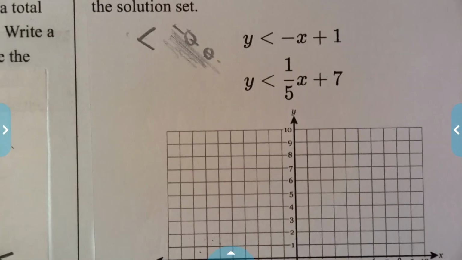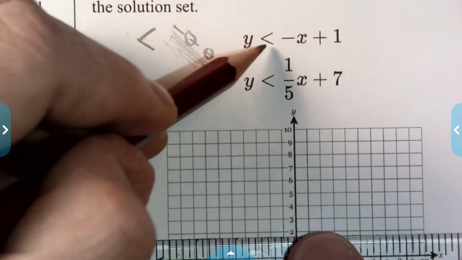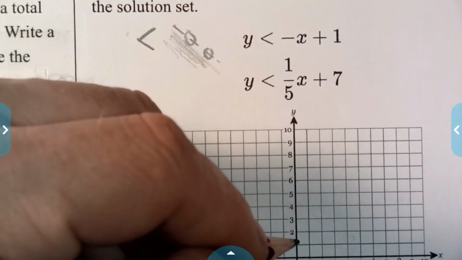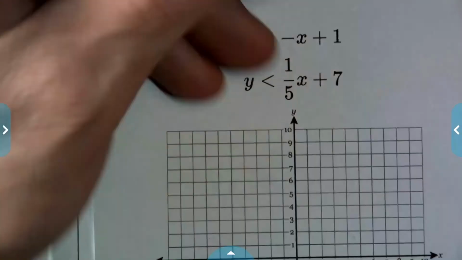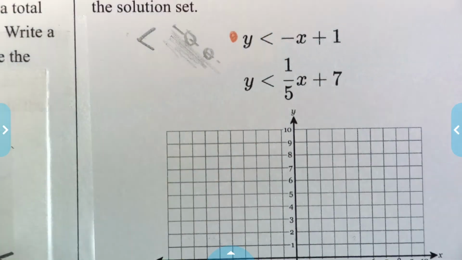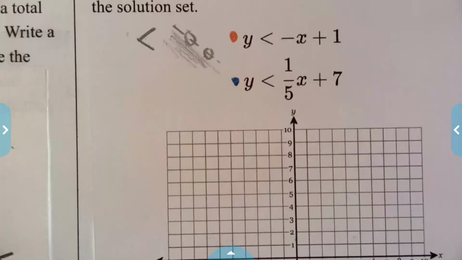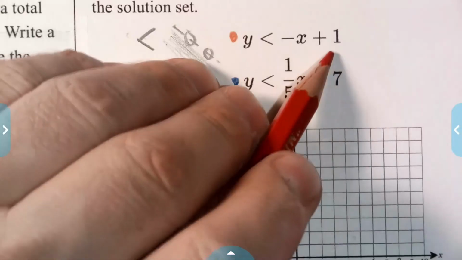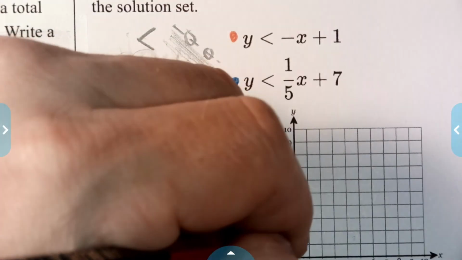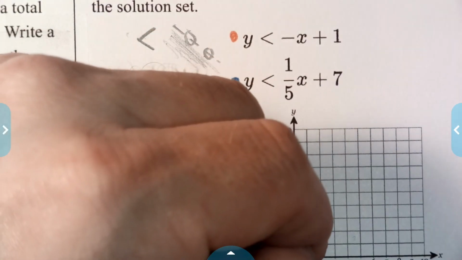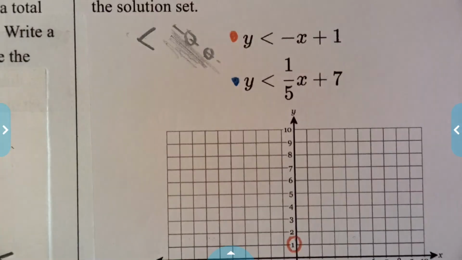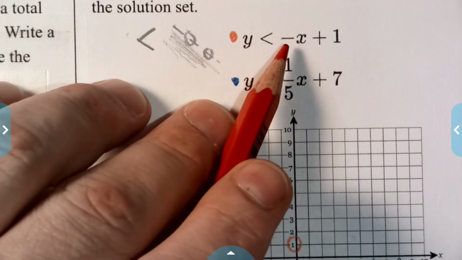So otherwise plotting as if they were regular lines. So we'll call this one the red and this one the blue. So for the red, I've got a y-intercept at 1, open circle, and then I'm going down 1 over 1. So that's just going to be like this.